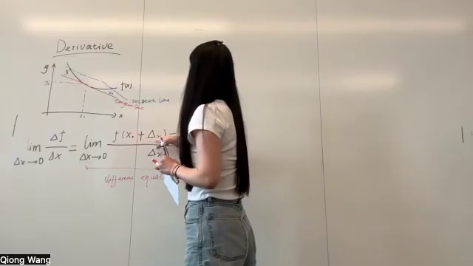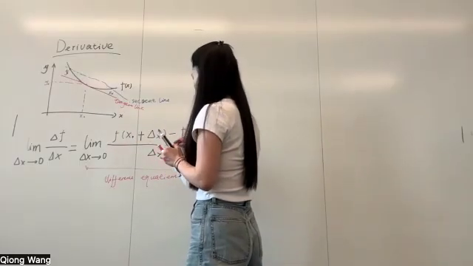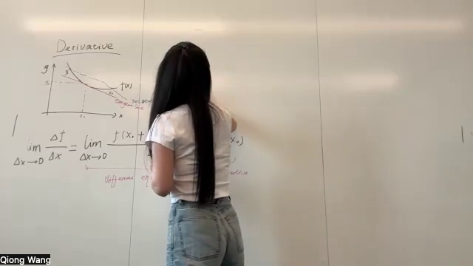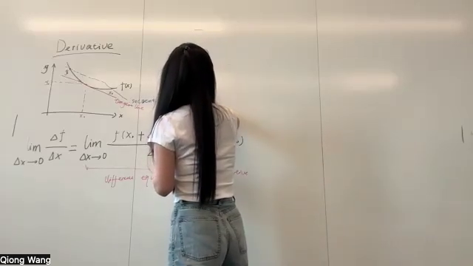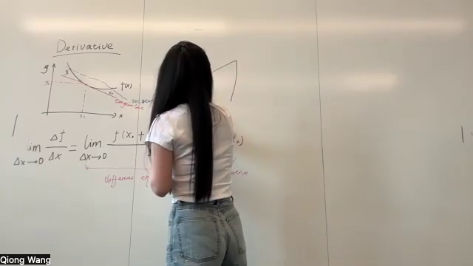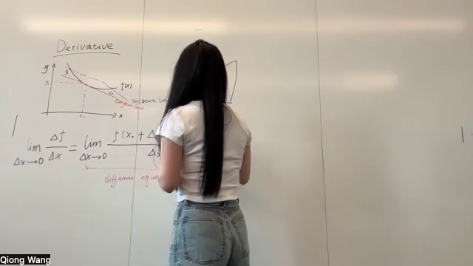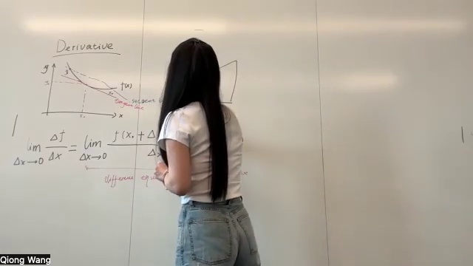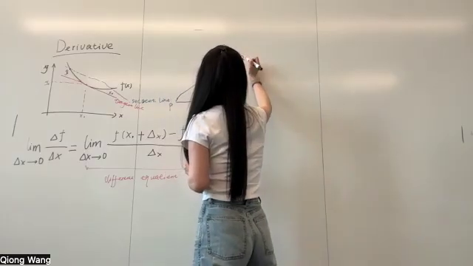What is the part of this, and what is the part of this one? Let us see it clearly in this figure. For example, this is the point P, and this is the point Q.